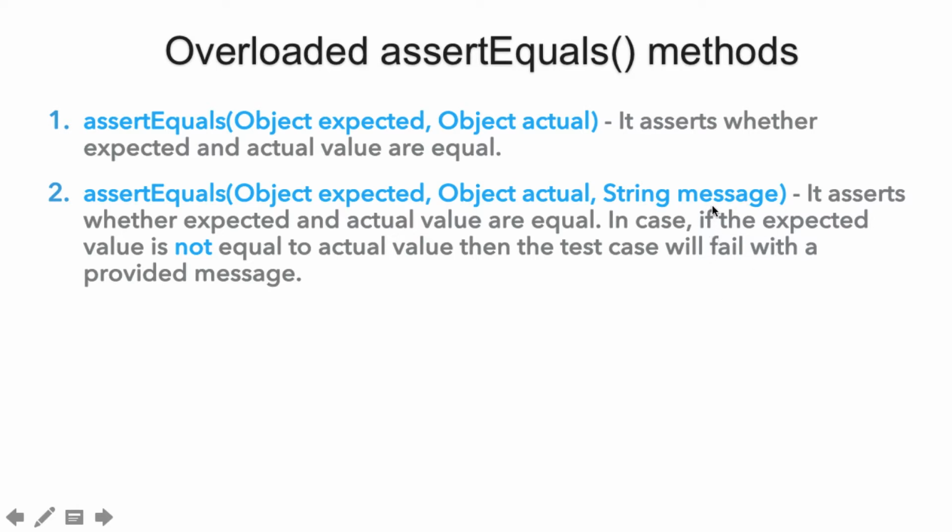So what this method does, it asserts whether expected and actual values are equal. In case the expected value is not equal to the actual value, then our test case will fail. And in the JUnit console, we will see the message which we have provided as the third parameter.